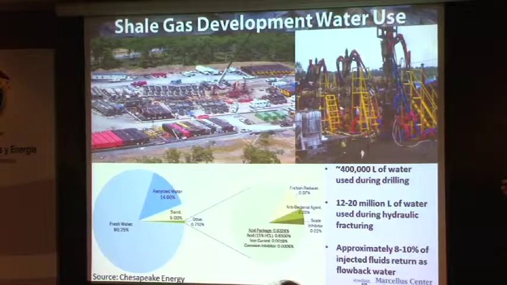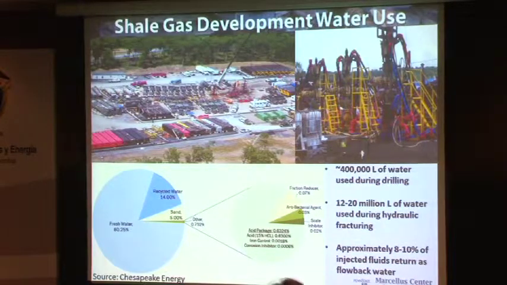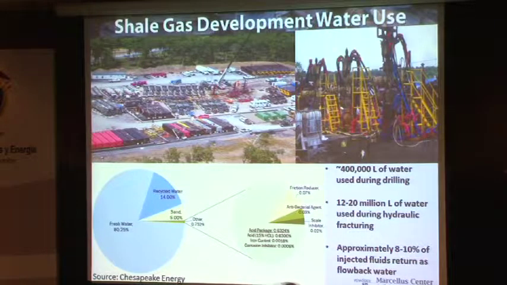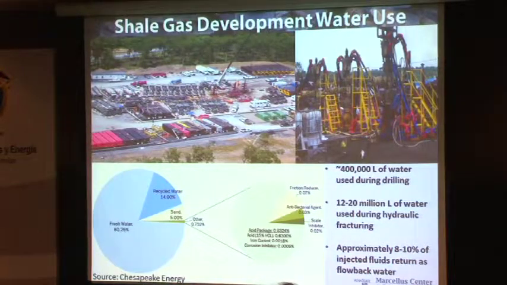The average well, to drill it, to fracture it, to produce it, based on the numbers some of our folks have come up with, you need over 400 people to make all this happen. And it encompasses about 150 different types of jobs. So it definitely creates jobs to make all of this happen.